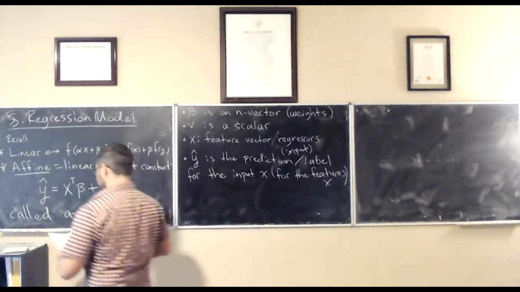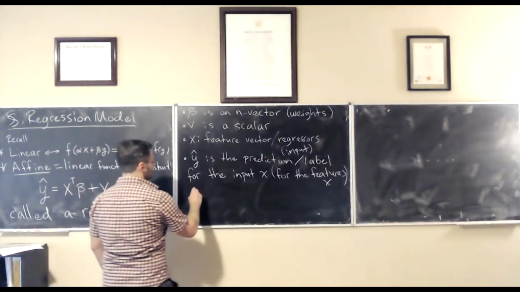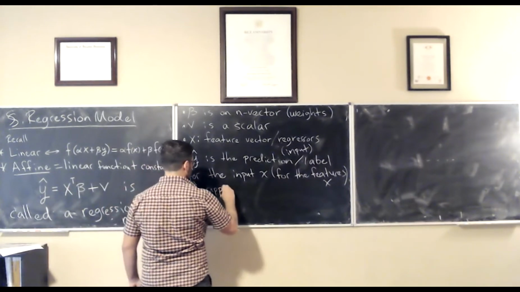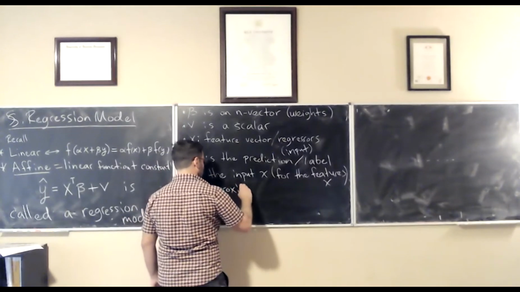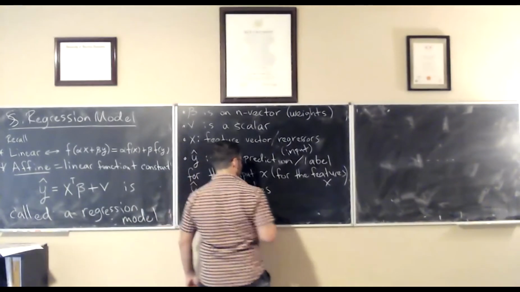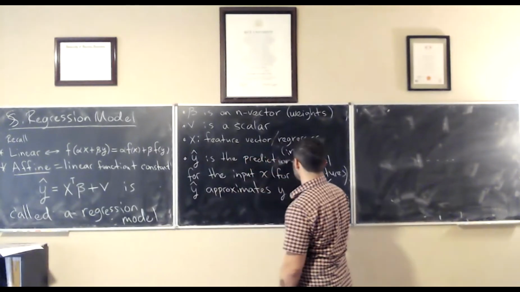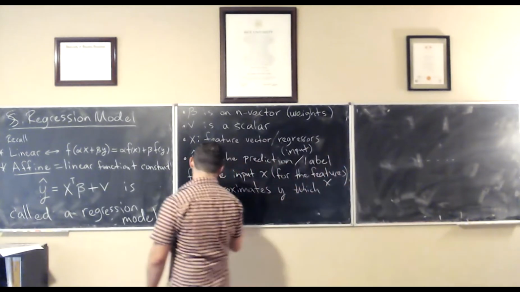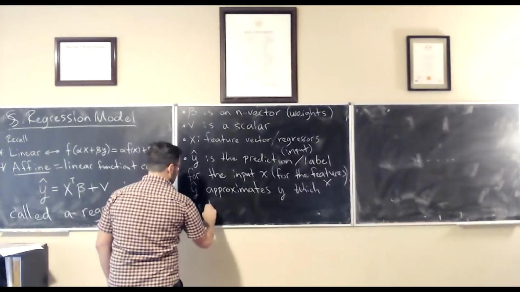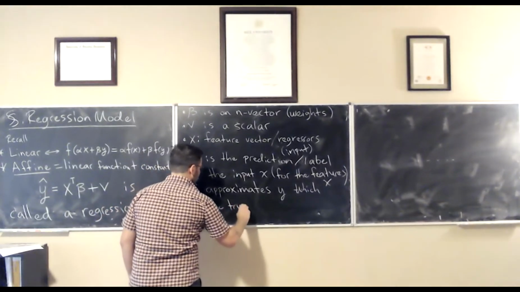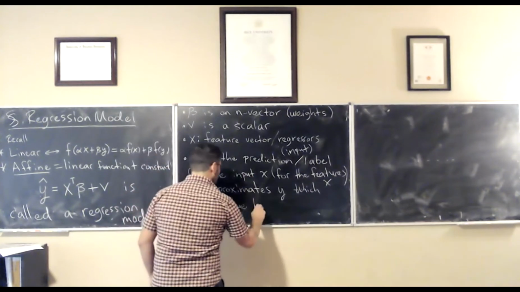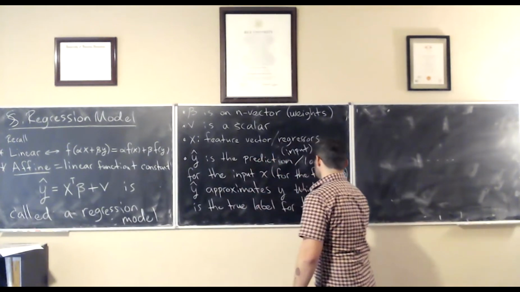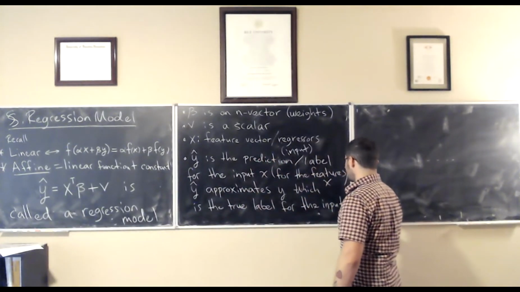Now, y hat approximates y, which is the true value, which is the true label for the input x.